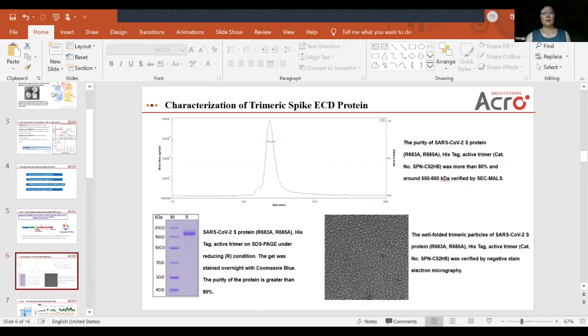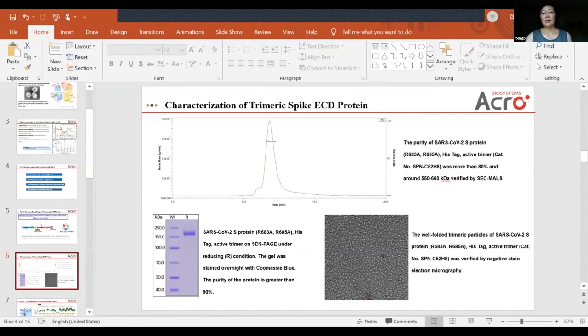And we have well characterized the trimeric spike extracellular domain protein of the COVID-19 virus. You can see from the slides we have SDS-PAGE data to show the product has the right size for the monomer under reducing conditions.